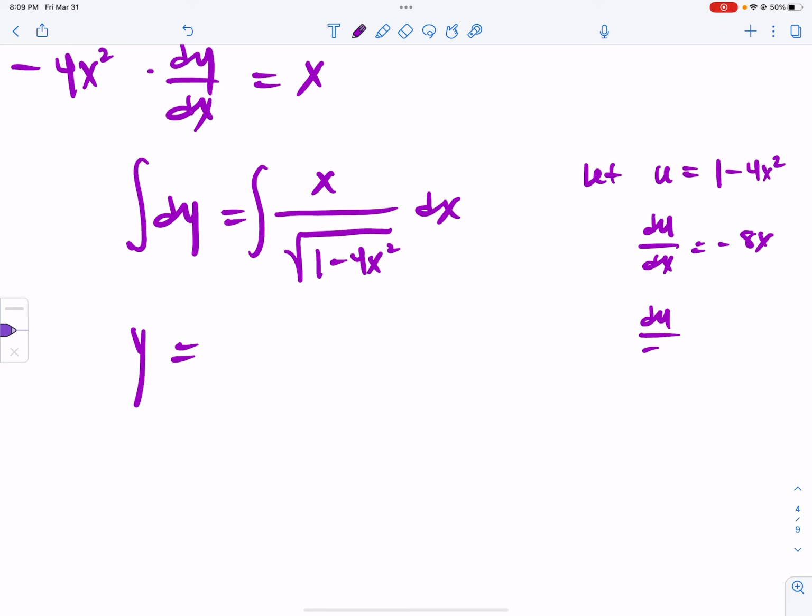So du over negative 8 will be equal to x dx. Right? x dx we can then replace with du over negative 8, which is negative 1/8 times the integral, that'll be u to the negative 1/2 du.